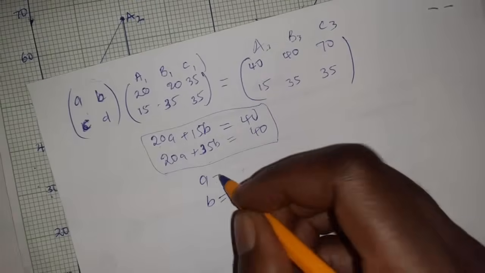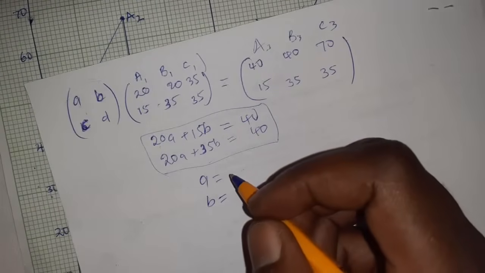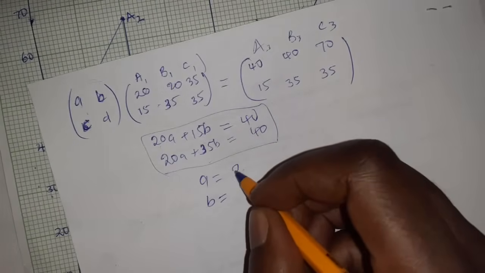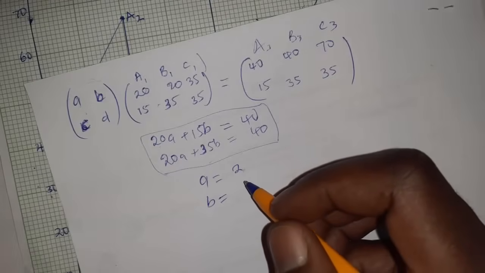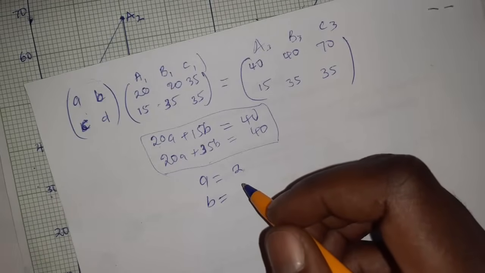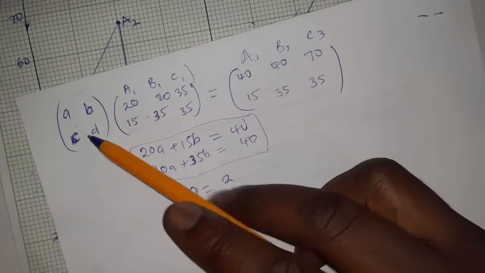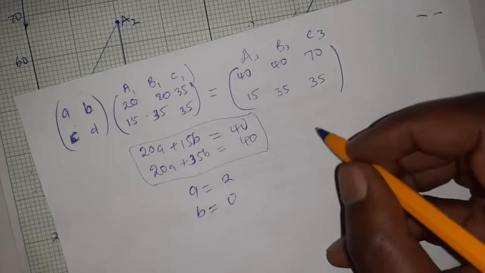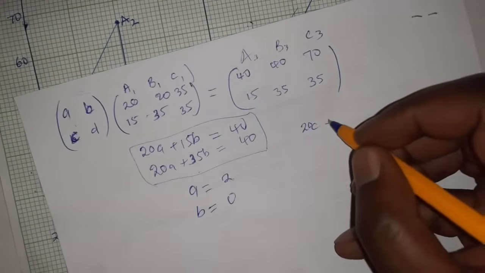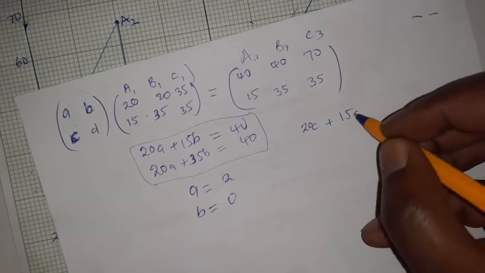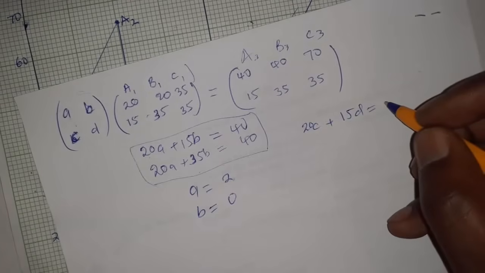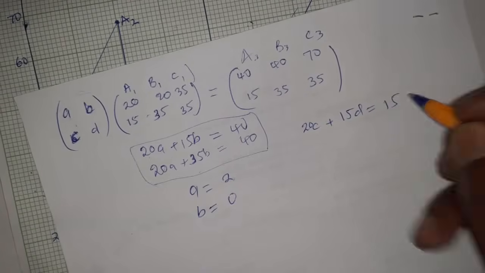You also get B. So you're going to get that your A is going to be 2 and your B is going to be 0. You can work them out simultaneously. Then you can also do it for C. For C, you can say 20C plus 15D is equal to 15.